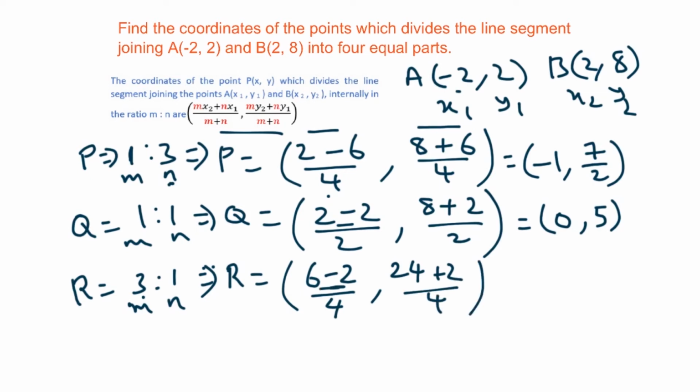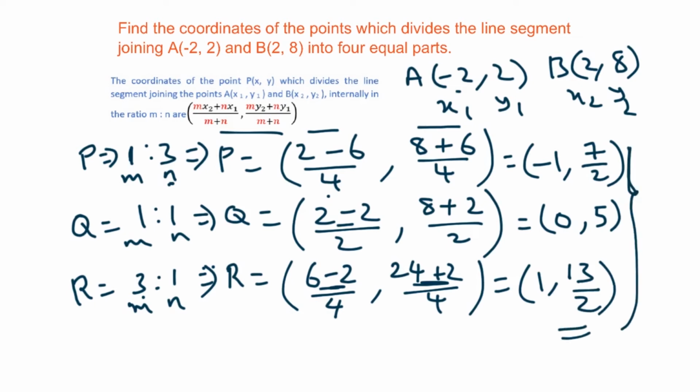Now 6 minus 2 is 4, 4 divided by 4 is 1, 24 plus 2 is 26, 26 by 4 is 13 by 2. These are the 3 points which divide the line segment AB into 4 equal parts.